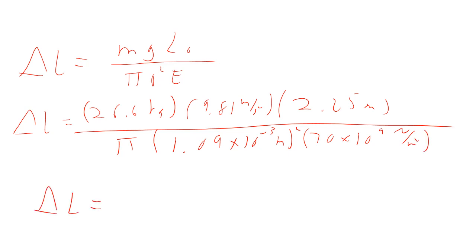So delta L comes out to be, we'll round it, 2.2 times 10 to the minus 3 meters.